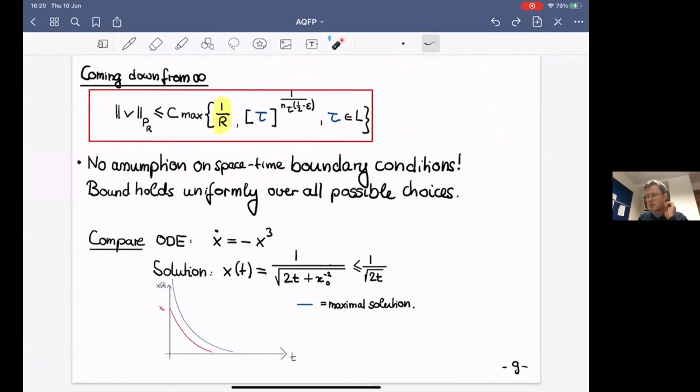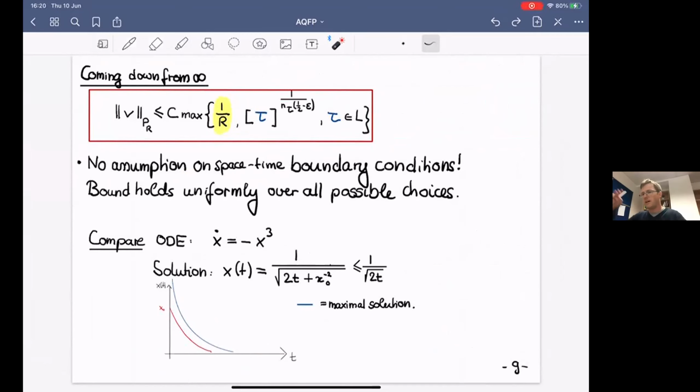Let me also stress another point about this result: this is an estimate that does not even see at all what happens at the boundary of the set. You assume that this PDE holds on some cylinder, but you make no assumptions whatsoever about what it does on the boundary of that cylinder or outside of the cylinder.